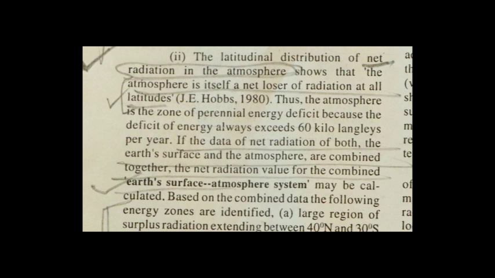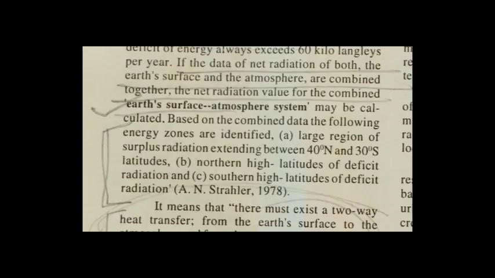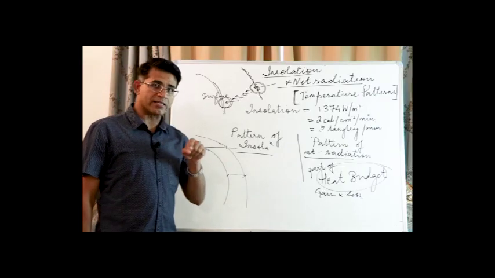It says, if the data of net radiation of both the Earth's surface and the atmosphere are combined, the net radiation for the combined Earth-atmosphere system may be calculated. The pattern is that a large region of surplus extends between 40 degrees north and 30 degrees south. Now this is a point of comparison.